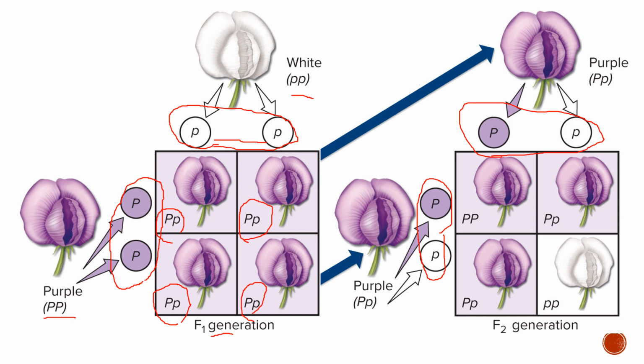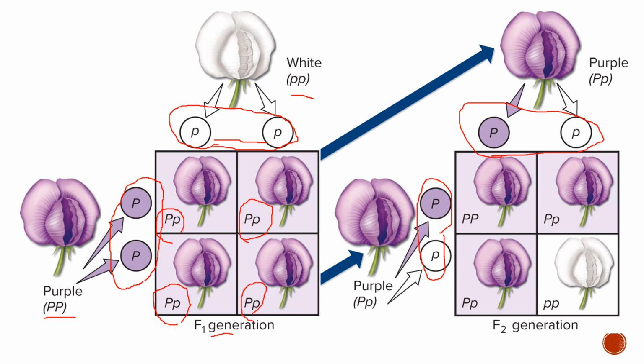So again, if you cross two purple flowers, without doing gene sequencing, you wouldn't know whether that purple flower was homozygous dominant or whether it was heterozygous. Well, this is one way you can figure that out. If you would take two purple flowers and you would keep crossing them, if you always got purple flowers, that would indicate that both of those parents were homozygous dominant.